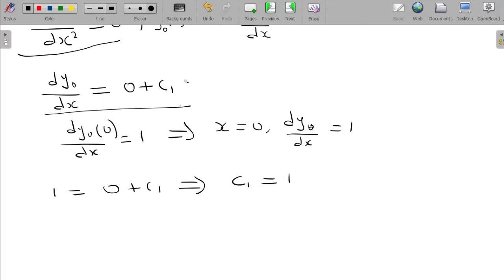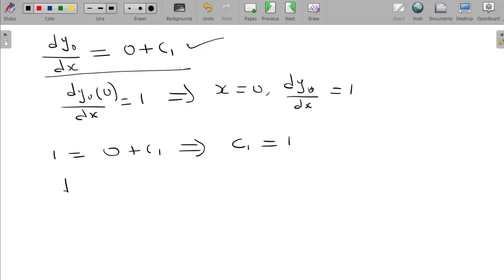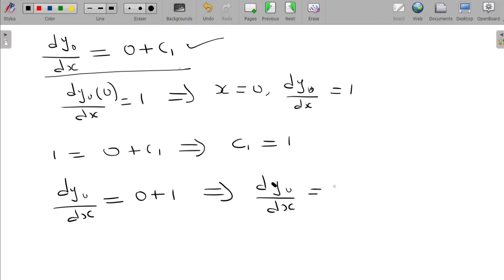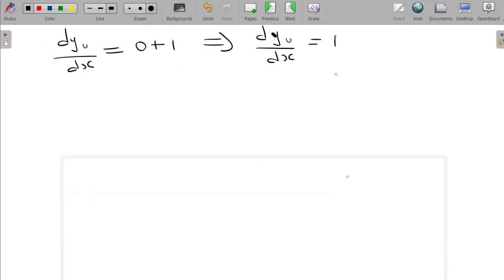So we'll now come back here and make a substitution that dy0/dx equals 0 plus 1. This implies that dy0/dx equals 1. So integrating this again, we are going to have y0 equal to x plus c2, and then applying the initial condition y(0) = 0, this means that when x is 0, y is 0.